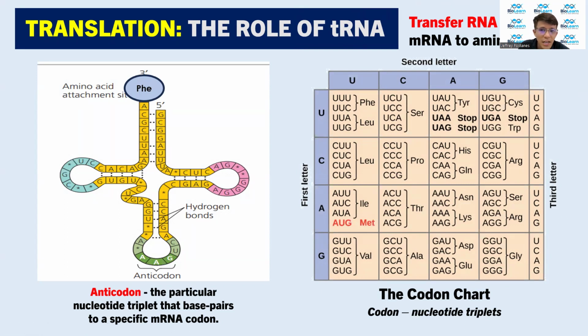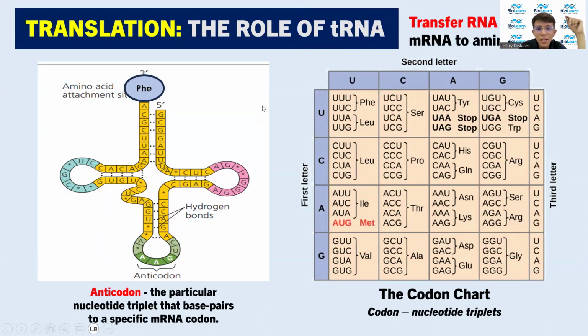What is that transfer RNA? This is transfer RNA. We have the mRNA, and this time this is the tRNA. So this will help in translating the mRNA to amino acids or proteins later.